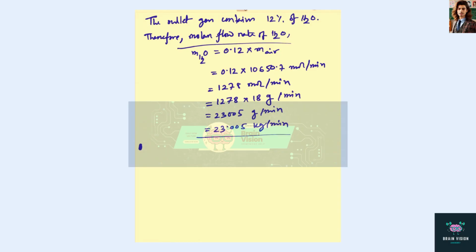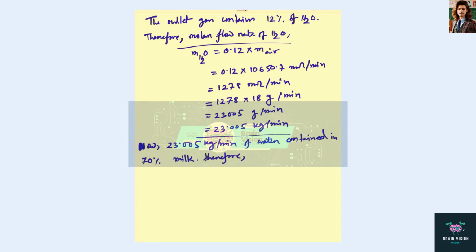Now this amount of water, 23.005 kg, is contained in 70% of milk.